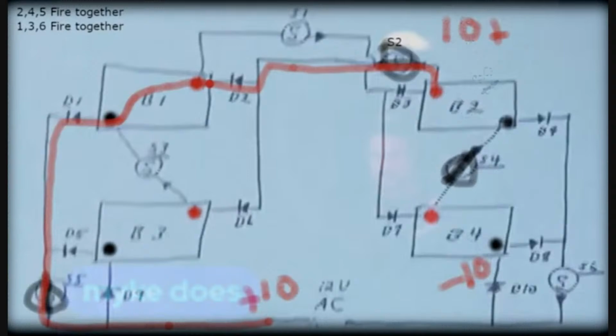So whatever. Oh, the positive 10 cuts through there. Also cuts down here to the other battery, which is also a 5 volt battery. So you're sending 10 volts to another 5 volt battery. And that diode blocks, see? It can't go there. I don't know why he has that there.